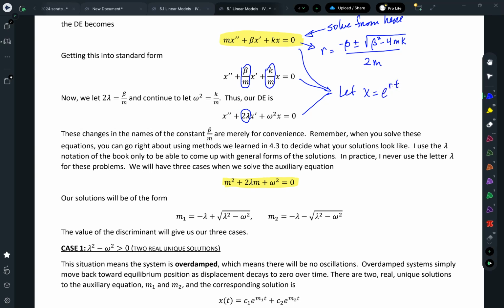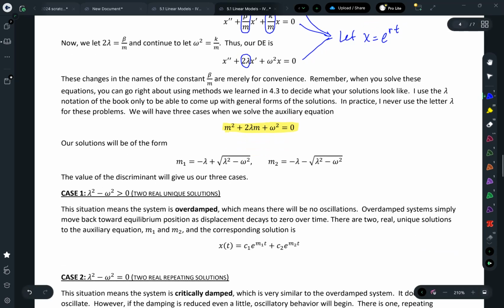Okay, in their case where they've switched over to 2 lambda and omega squared, they used m instead of r, so you can think of it still the same. But our solutions should be this exponential form, just like they were in 4.3 when we dealt with the homogeneous equations. Okay, so we get 2 real unique solutions.